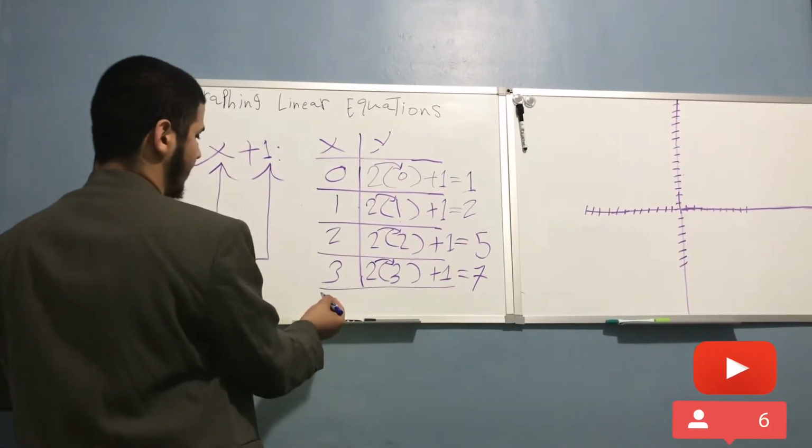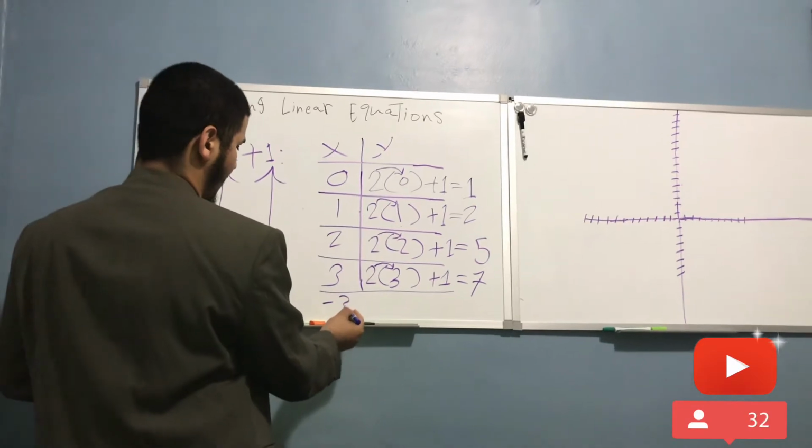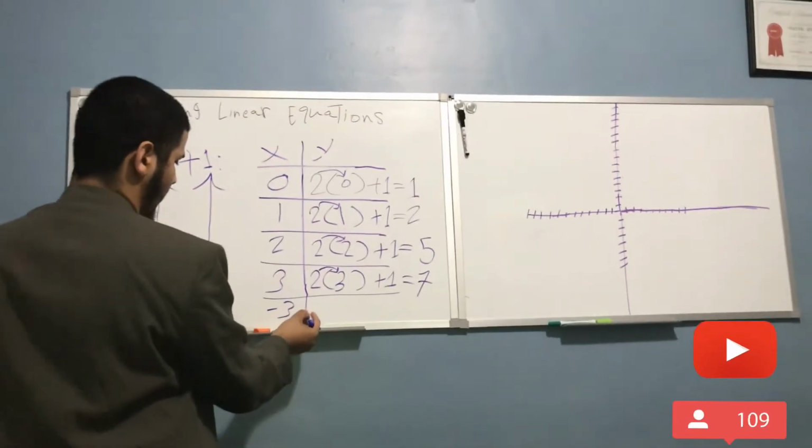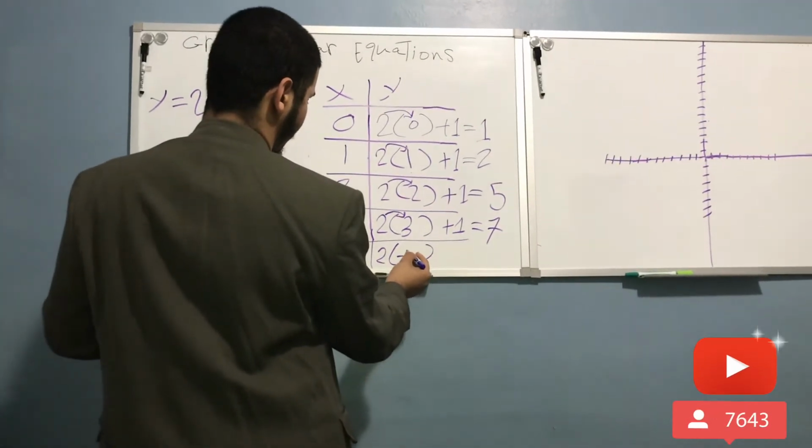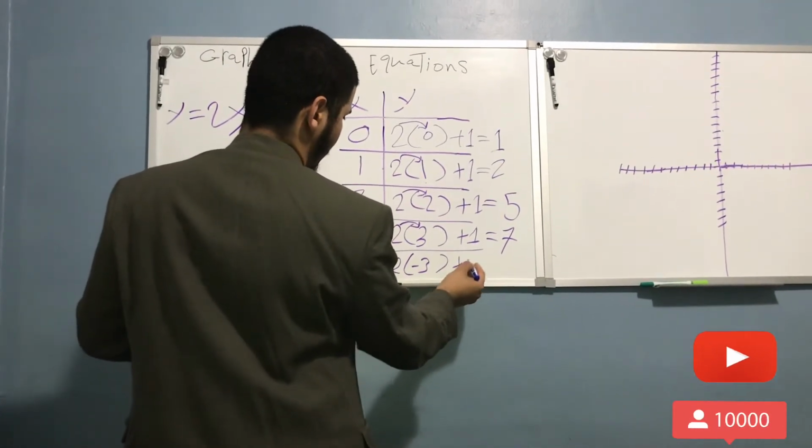If you pick a negative 3, you can do the 2 plus 1.